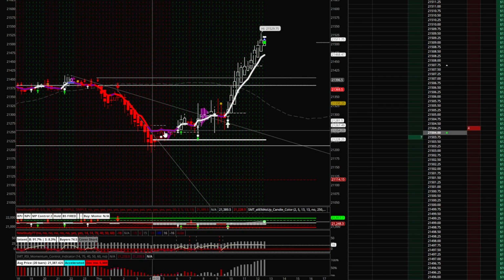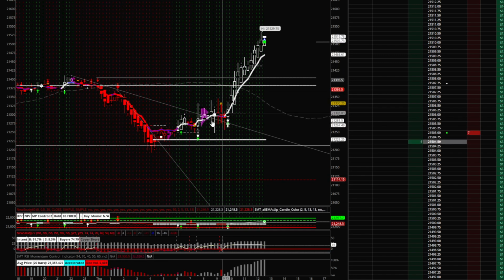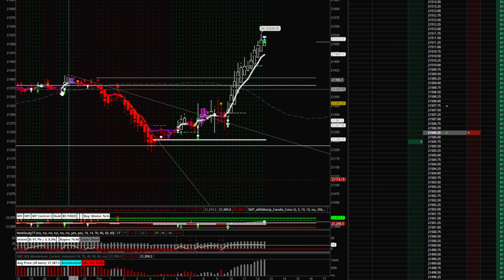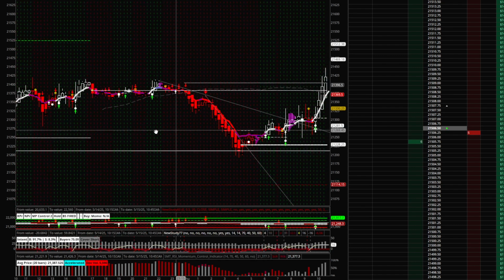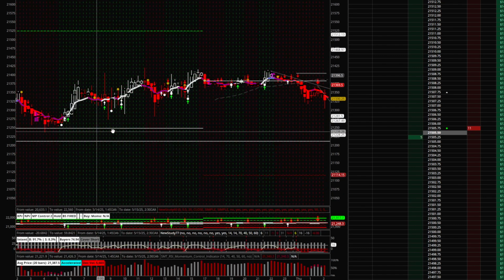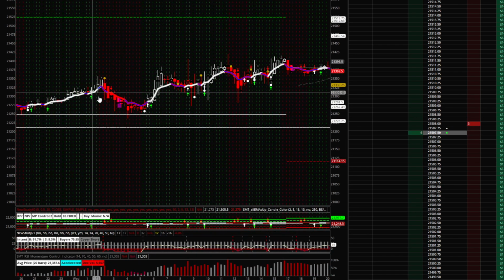This is actually telling you things. It's not just a line. It's not just an EMA line. It's actually communicating. And based on the colors, it's telling you what's going on in the market. So I've coded this to talk to me, to tell me what's happening.